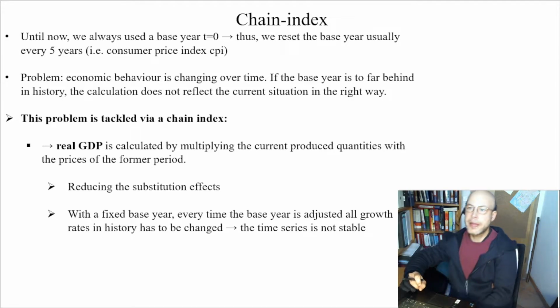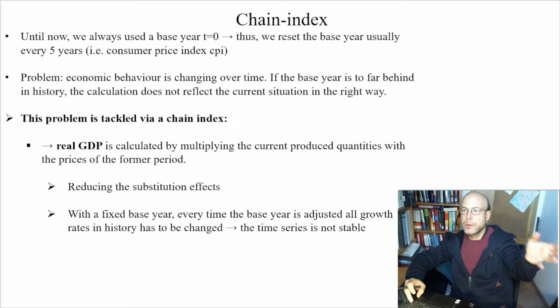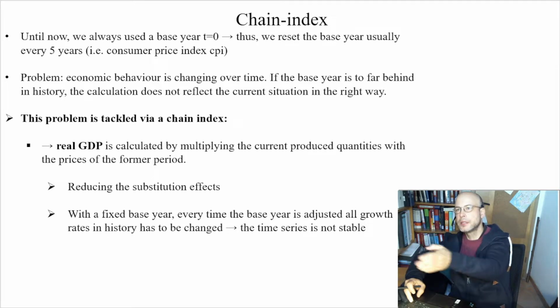Okay, then of course here I said to you what we right now are doing is that we always used a base year. In the partial index it was 2016, while for the last payer index it was the year 2015.